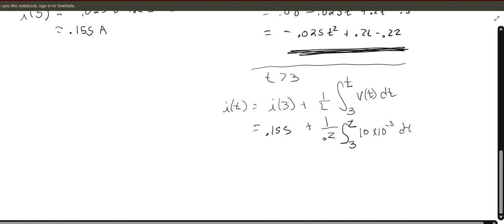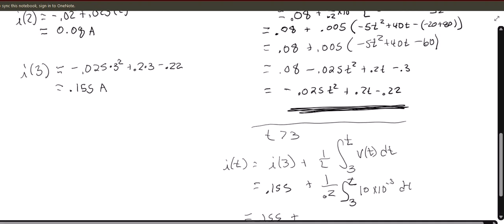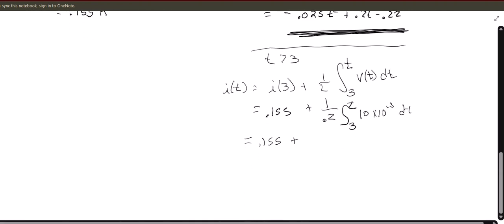Except I'm going to take the 10 to the negative 3 out because I did that last time. So 0.155 plus, and then when I took this out and multiplied to the 1 over 0.2, I got 0.005.